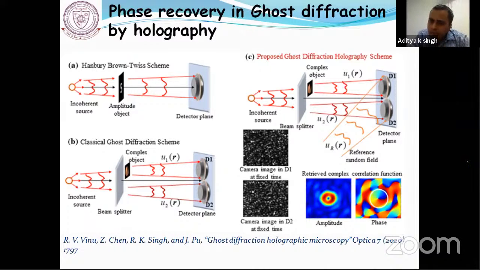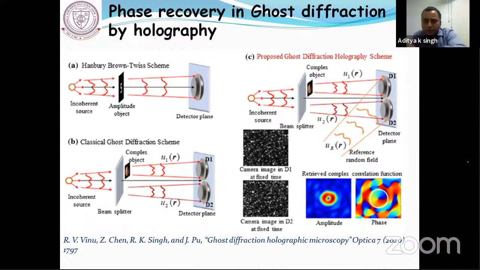So to solve this problem, we extended the idea of interferometry into ghost imaging. If you compare figure B and figure C, we allowed another reference random field, what we call the homegrown random field. You can consider that incoherent light comes in at the top and illuminates your object.